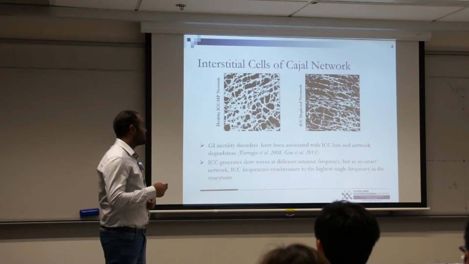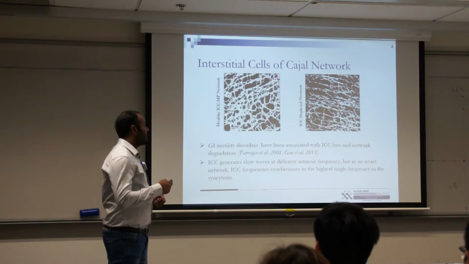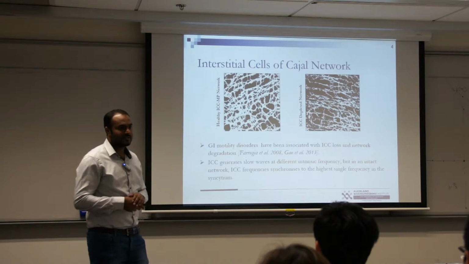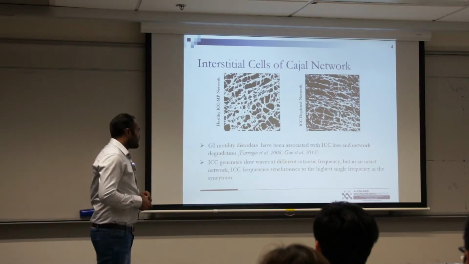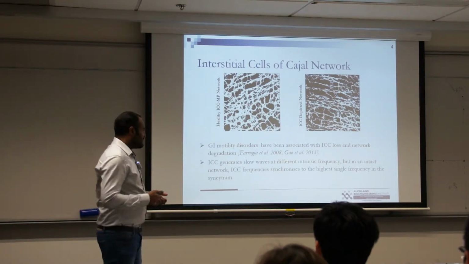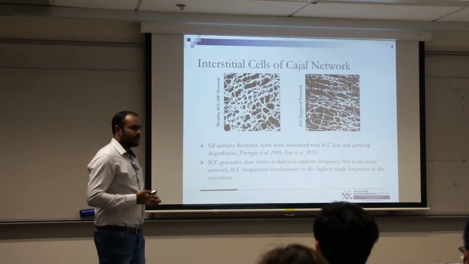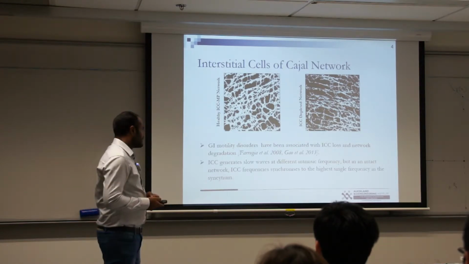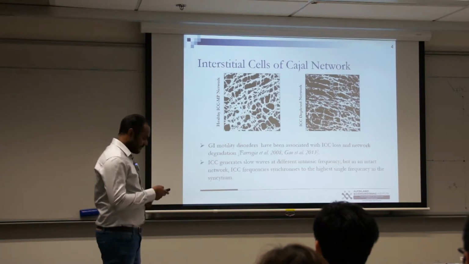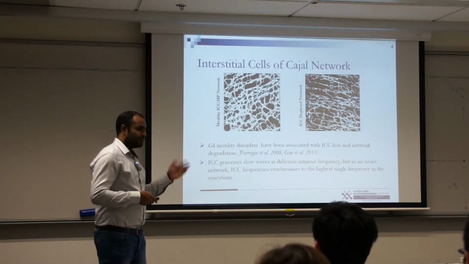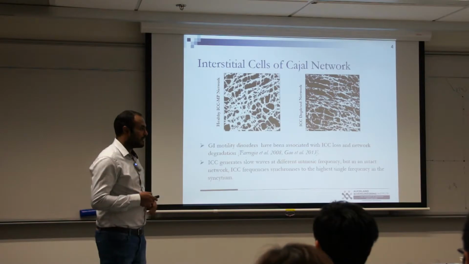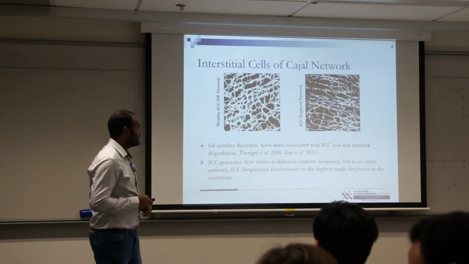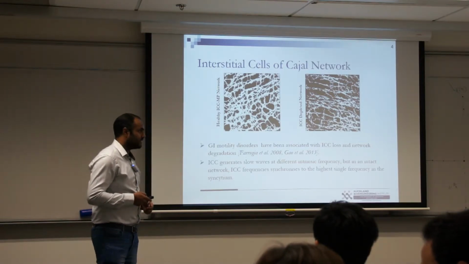In my example, that would be the frequency of this corner ICC. That process is called entrainment. It has already been shown that several motility disorders are associated with ICC loss and network degradation. That's the basic understanding of how ICCs work and their importance in gastric electrical activity.